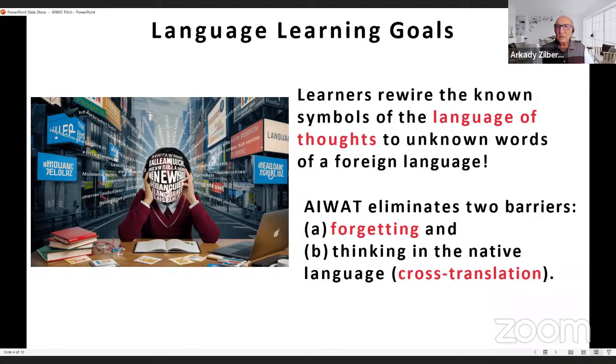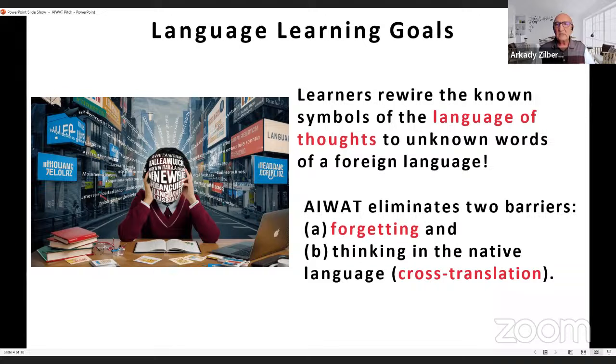So in this new definition of language learning, we have the language of thoughts, and all symbols and feelings there are already known to you, acquired through your experience. And now our objective is to wire those symbols and feelings to new unknown words in a foreign language without cross-translation. That's a different purpose, and it can be achieved in this manner using AIWAT.